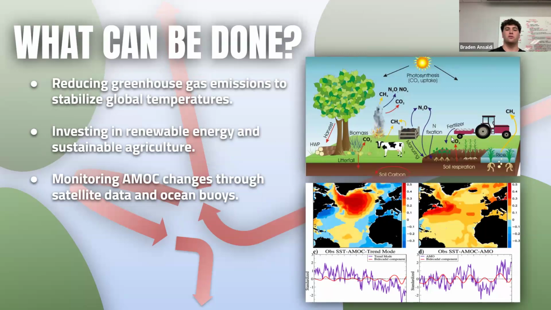And finally, we need to closely monitor AMOC changes. Satellite data and ocean buoys allow scientists to track changes in salinity, temperature, and ocean current velocity in near real time. The visuals here include diagrams of the carbon cycle and maps of ocean temperature trends linked to AMOC. These tools help us understand what's happening and prepare for what's next. The time to act isn't in the future, it's now.